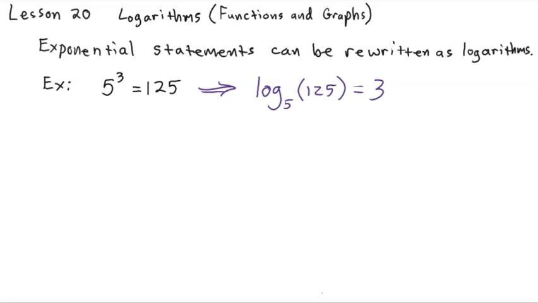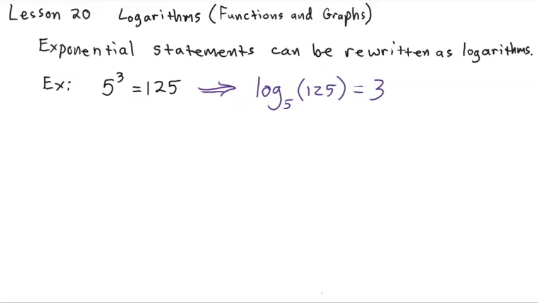So what's the big difference here? Both of them have a base. This is the base of the exponent, and this is the exponent. Over here, this is the base of the exponent, 5, and this is the exponent, 3. I sometimes call this the product, and over here the product is inside parentheses. And here's the big difference. In an exponential statement, the other side of the equal sign is the product.